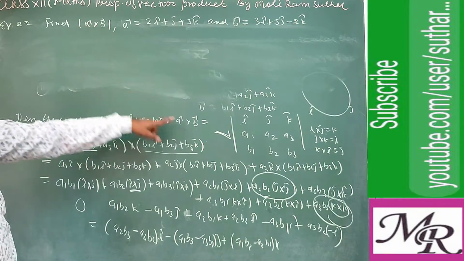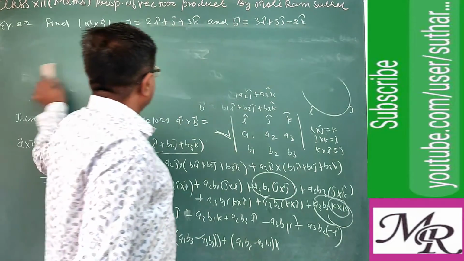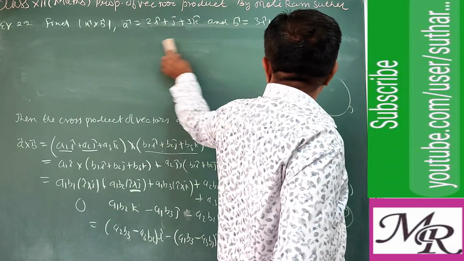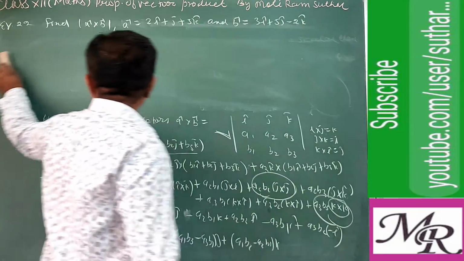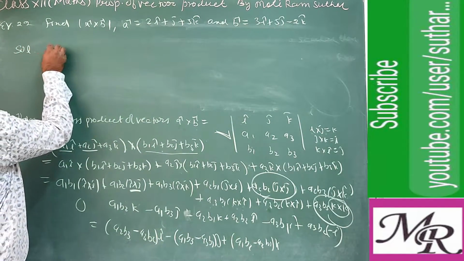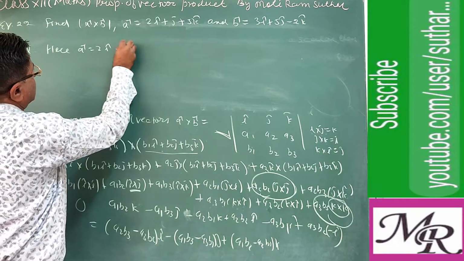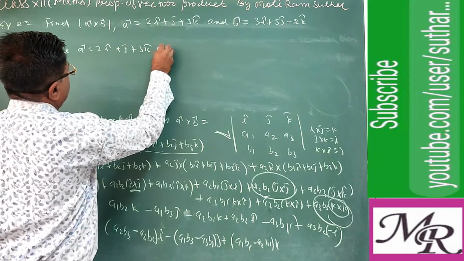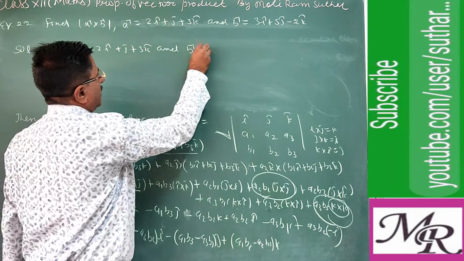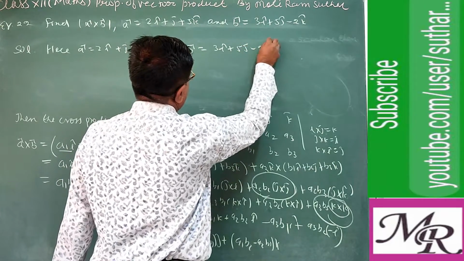So A cross B can be easily calculated using this formula or using the determinant. So you can write here in solution, vector A equals 2i plus j plus 3k and vector B equals 3i plus 5j minus 2k.